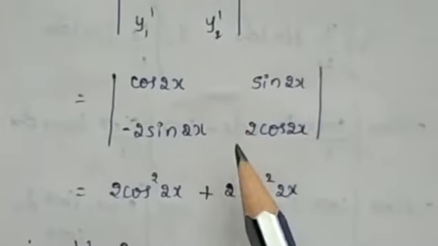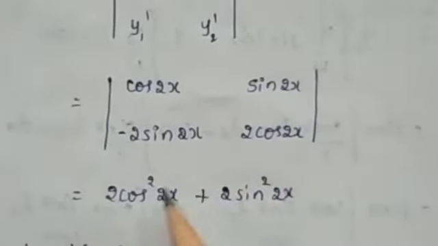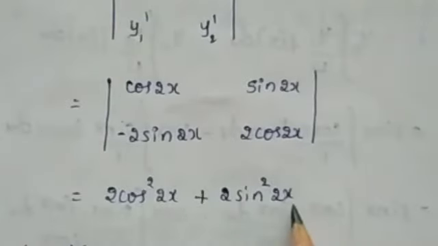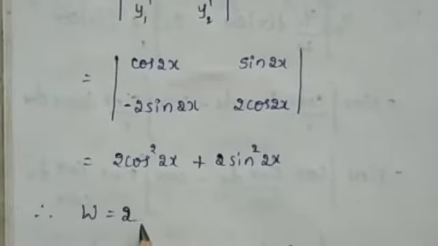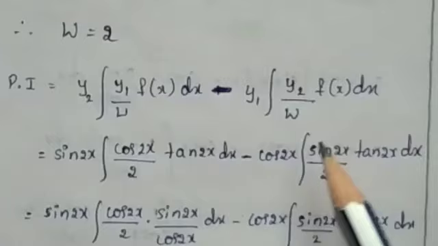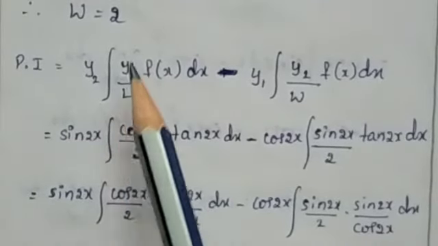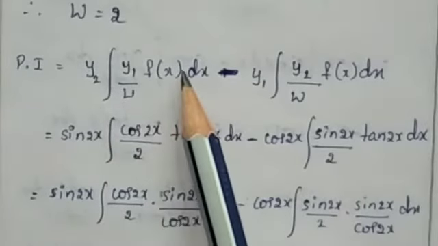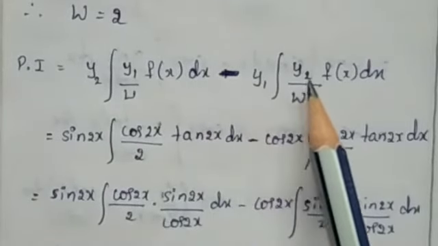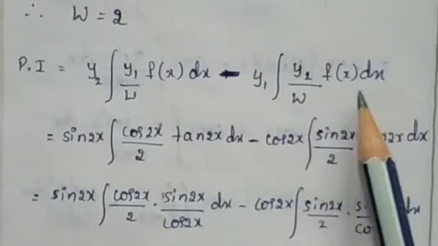Then you simplify this determinant. You get 2 cos square 2x plus 2 sin square 2x. Cos square 2x plus sin square 2x is 1. So you get W equal to 2. Then the particular integral is y2 integration of y1 by W f of x dx minus y1 integration of y2 by W f of x dx.